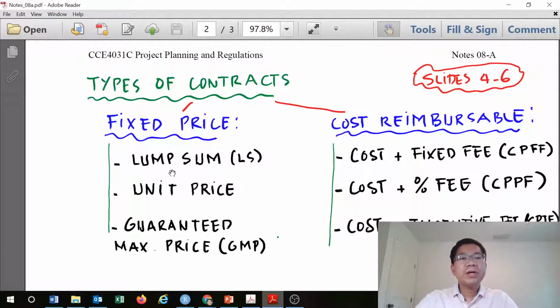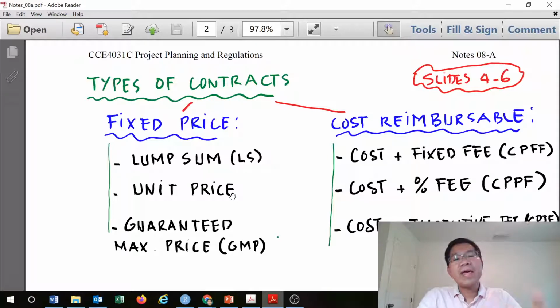The other type in fixed price is the unit price. Unit price applies to projects where, at the time we sign a contract, we don't know the actual quantity of the work, just like the excavation we did in a previous lesson, or the embankment, putting a levee on the river.